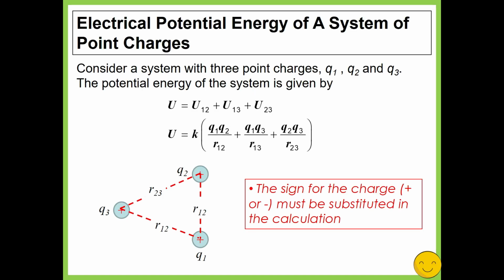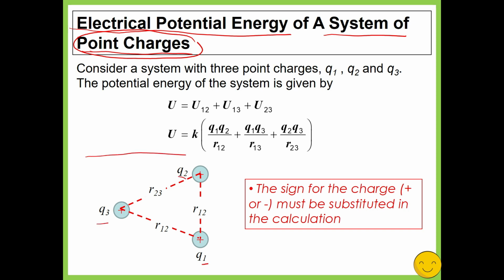For a system of charges, which means a system that has more than one point charge, the electric potential energy is to add up all the interactions between the charges. For example, in this case, we have three charges, Q1, Q2, Q3.